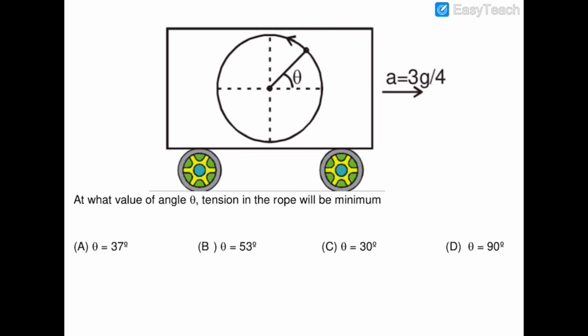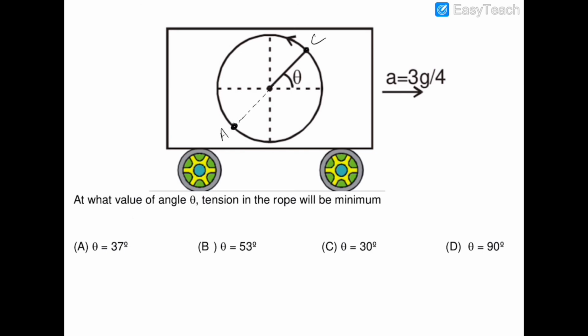Now the next question, which is also associated with the comprehension: for what value of angle theta will the tension in the rope be minimum? We know that the tension in the rope is minimum at position C, which is the topmost position, the position directly opposite the equilibrium position.